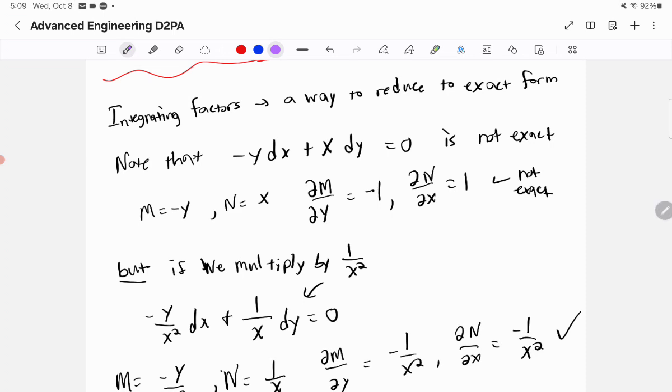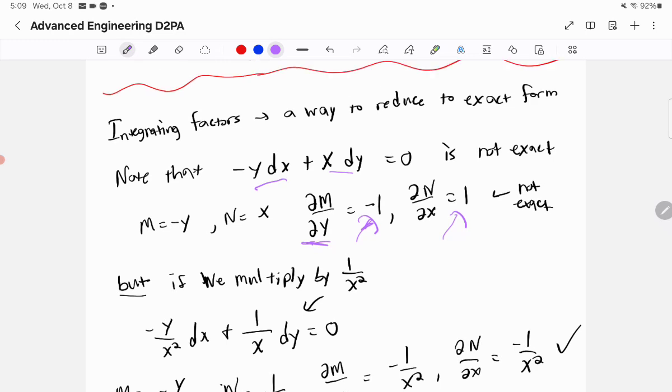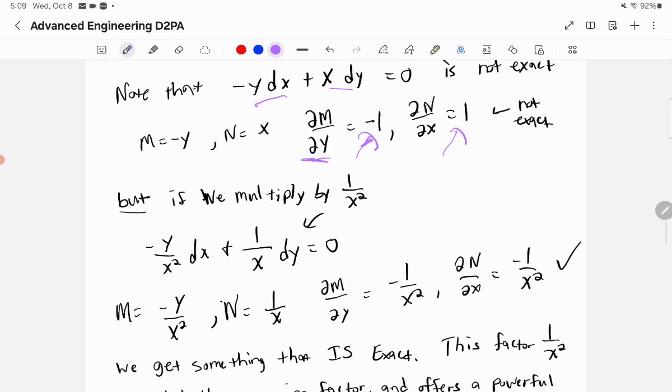Here's an example: minus y dx plus x dy is equal to 0. This is not exact because dM/dy is equal to minus 1 and dN/dx is equal to 1. So, like the example above, it shows that it's not exact.